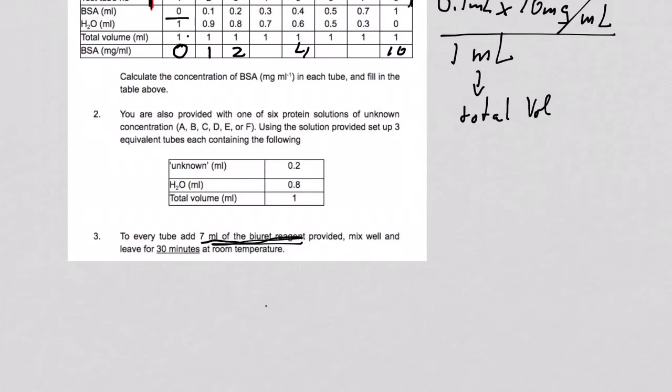Okay, so in the first tube, there's just a little bit of a tint of blue, just a little bit. Because the blueness, the purplishness, is this a word? You know what I mean. The purplishness depends on the BSA concentration in it. So in the second tube, it's getting a little bit more blue.